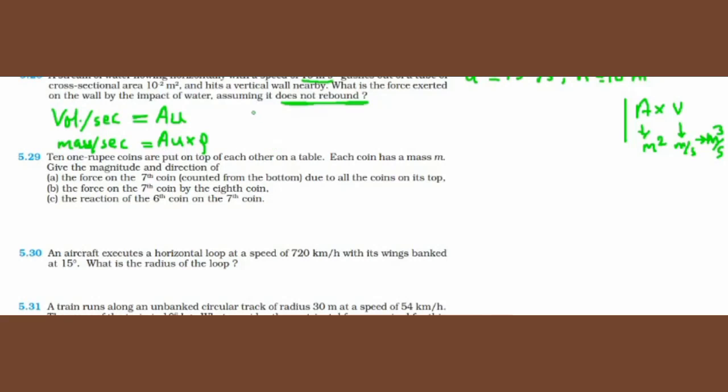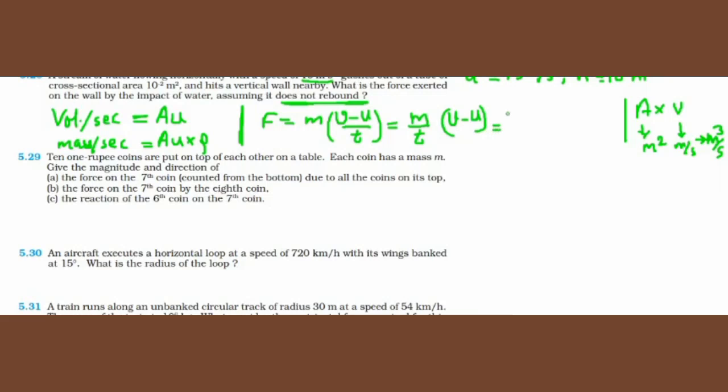Now, force we have to calculate. Force is equal to mass into acceleration, v minus u by t. We can just rewrite like this: m by t into v minus u. Then what is m by t? m by t is mass per second. Mass per second is A U rho.